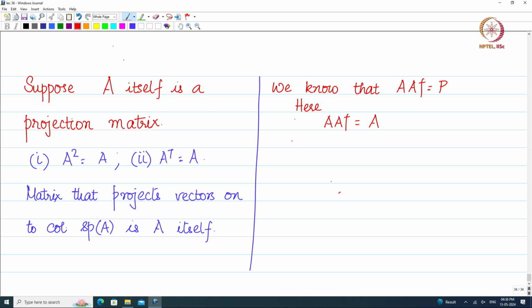So, what is it that we have? I will take this out, and I will say A times (A dagger minus A) is equal to the zero matrix.